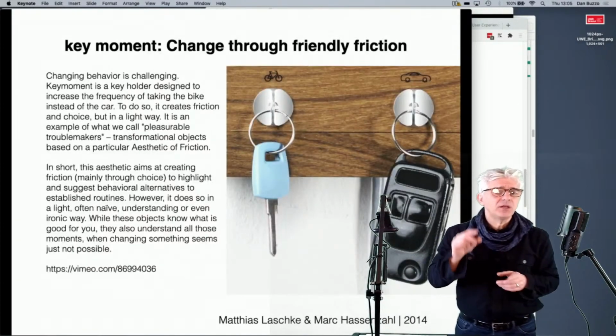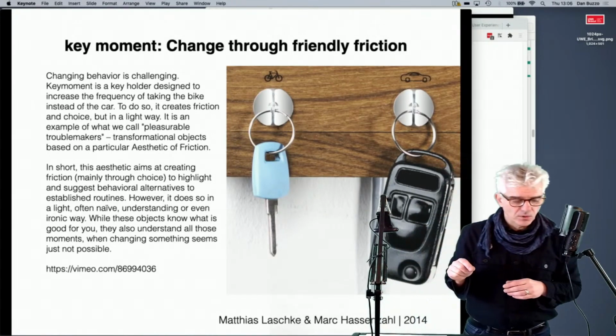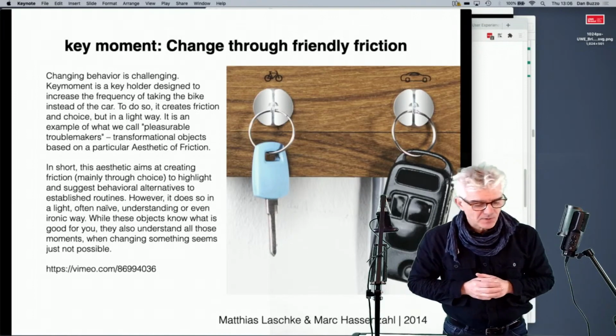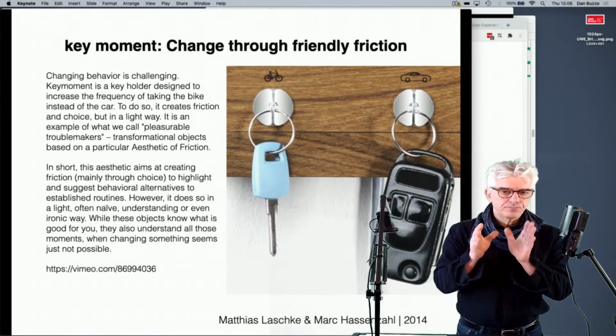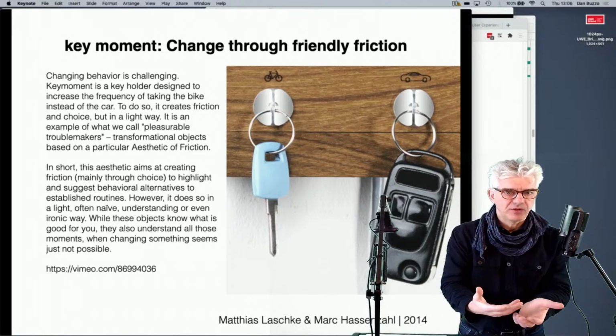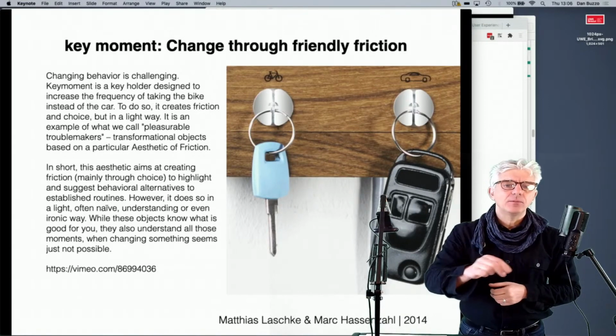So I want to take you to a piece of design work from two designers, Matthias Laschke and Mark Hassenzahl, that looks at this challenge of when we do observation and we start to understand the experience of people, how do we end up designing for that?